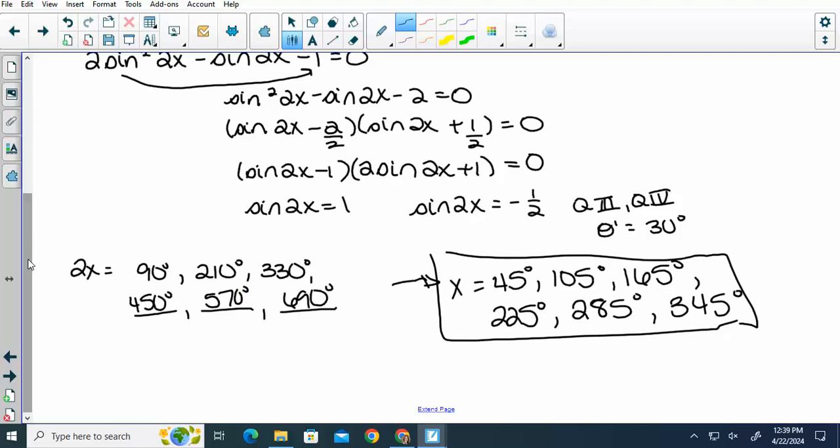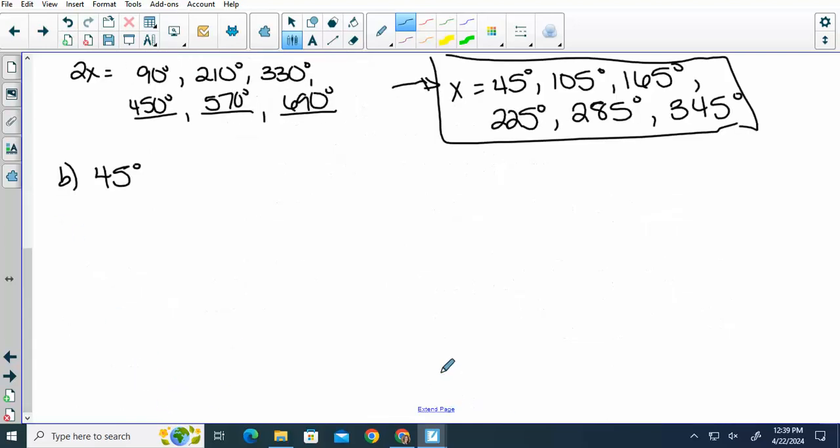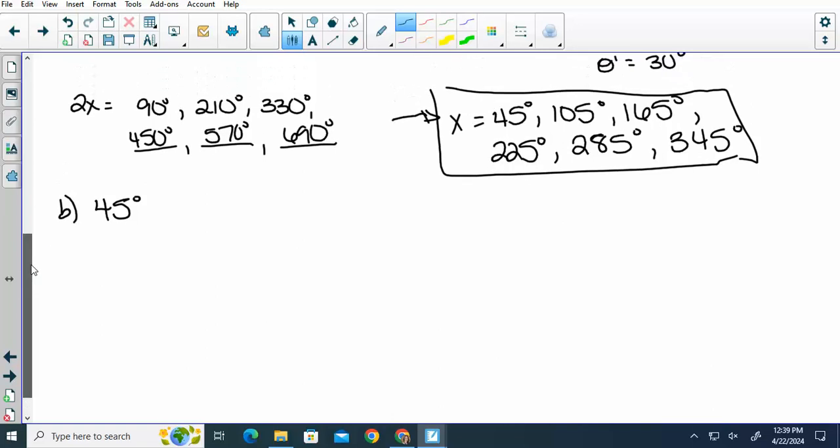If I said all solutions, what would we have to do? Plus 360K. Is it though? Isn't it? Well, okay. This is where it starts to get confusing. So there are multiple ways you could write your final answer that are equivalent.